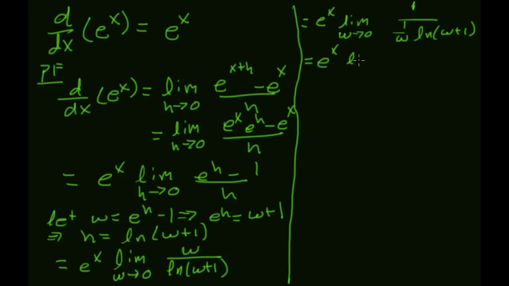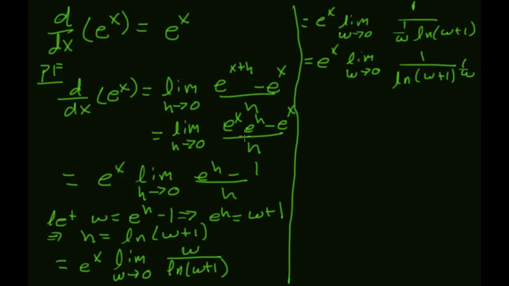Because then I have the limit as w approaches 0 of 1 over w, and if I have a coefficient in front of a logarithm, I can bring that up as a power. So that's the natural log of (w plus 1) to the 1 over w.